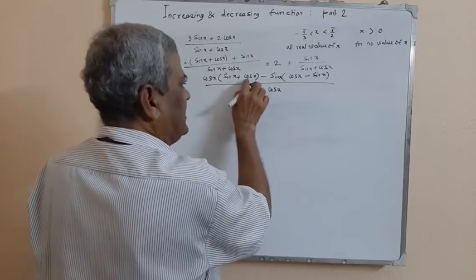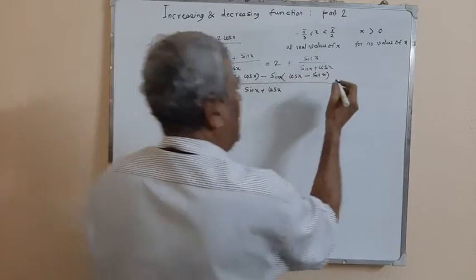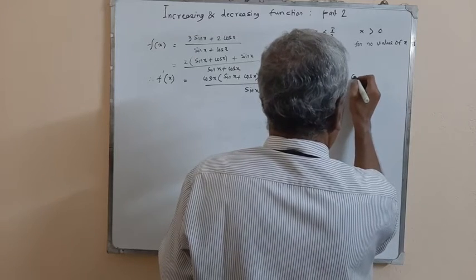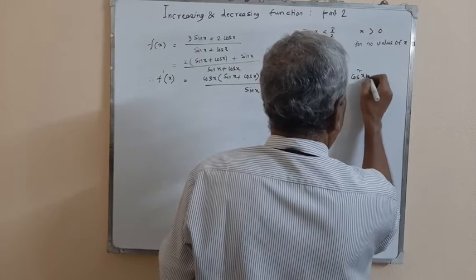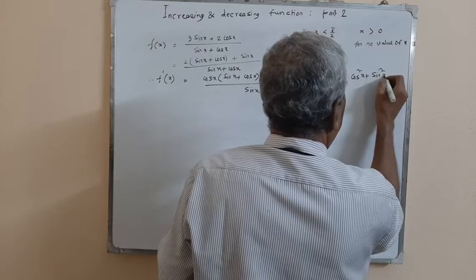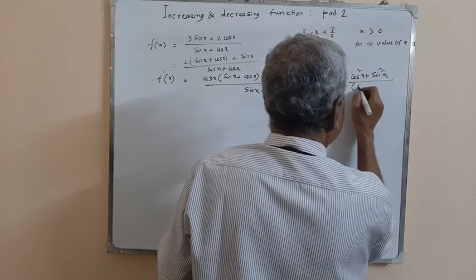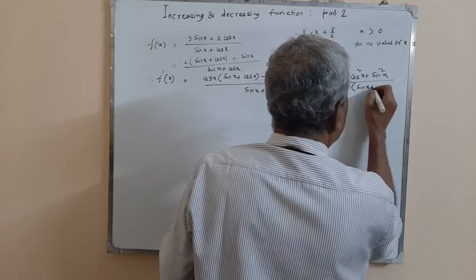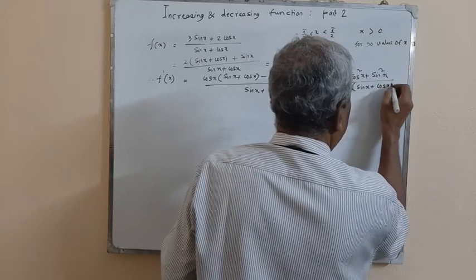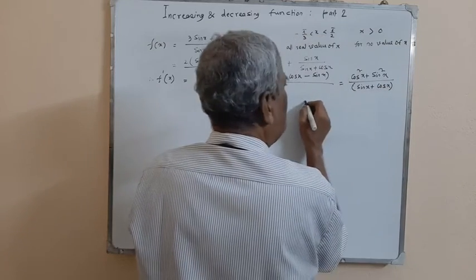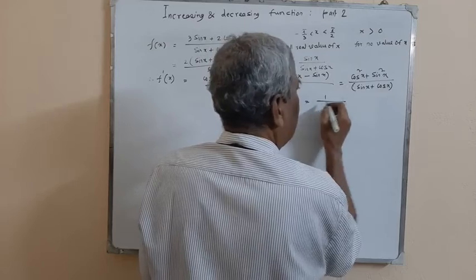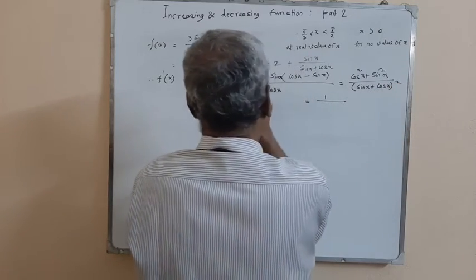So cos square x plus sin square x by (sin x plus cos x) whole square, so that it is 1 by a whole square.